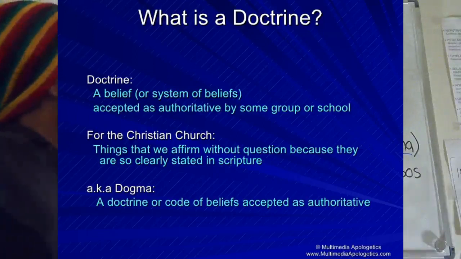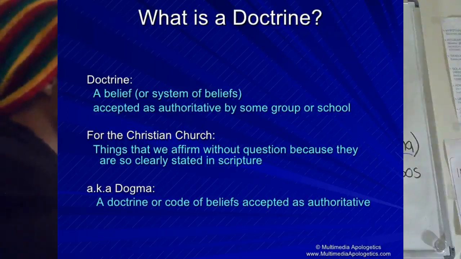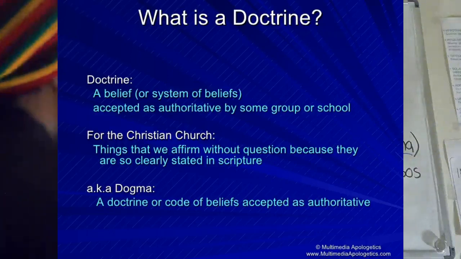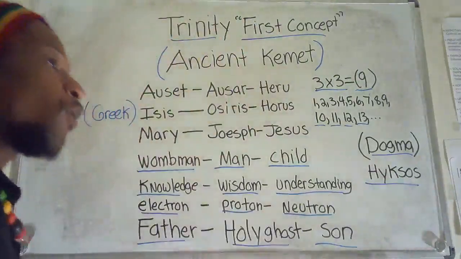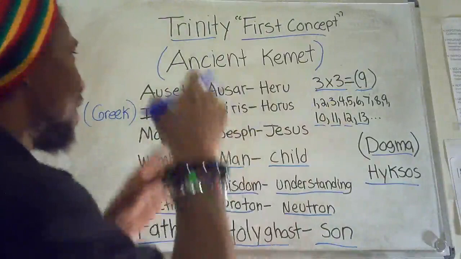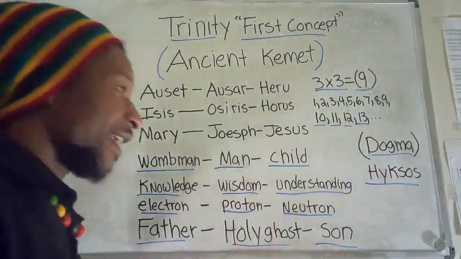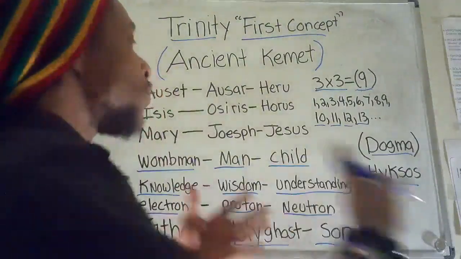So they take it and reinterpret it, and they use that to control the masses with the different interpretation of belief. And it really came into play when you had the Hyksos. The Hyksos was a tribe back in the time of ancient Kemet that was invading ancient Kemet and wanted to take over, and they had so much hatred towards women.